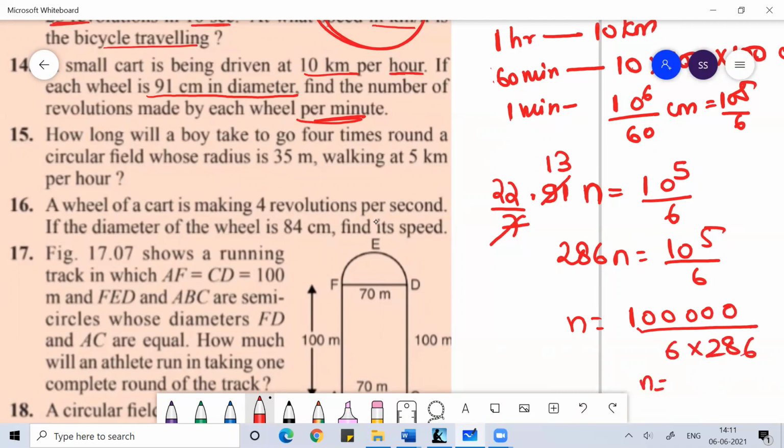If I divide directly in one step only, 286 into 6 will be 1716. So this would be 1,00,000 divided by 1716.